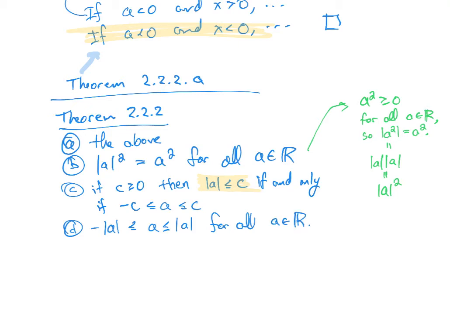It is true that A is between minus its absolute value and its absolute value for all real numbers A. I mean, you could go farther. You could say that A is one of those two things. But this inequality is actually helpful sometimes.